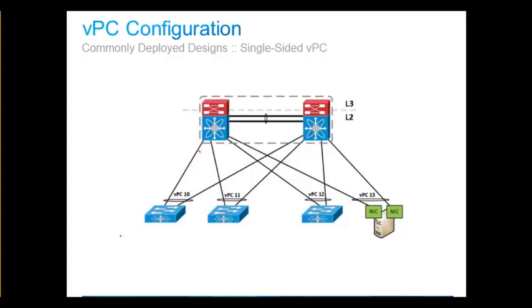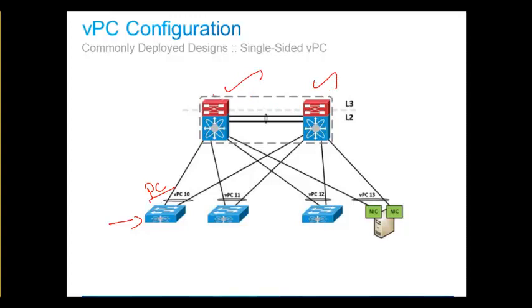So, according to the downstream switch, there is no additional configuration needed. According to the downstream switch, it is just forming an EtherChannel, forming a port channel. But only this switch has got some extra work to do.